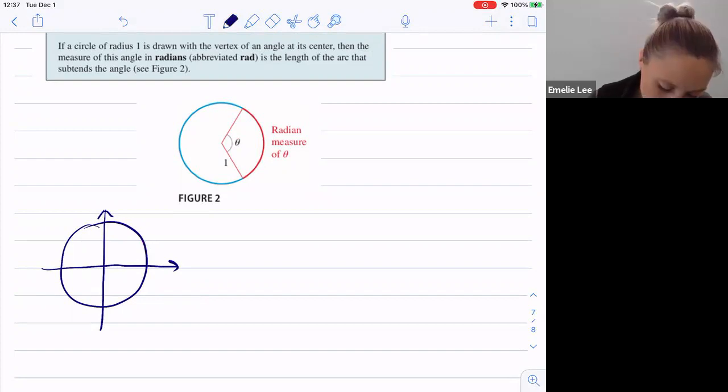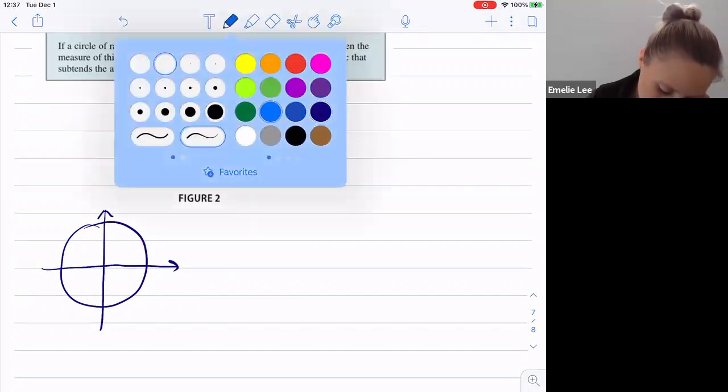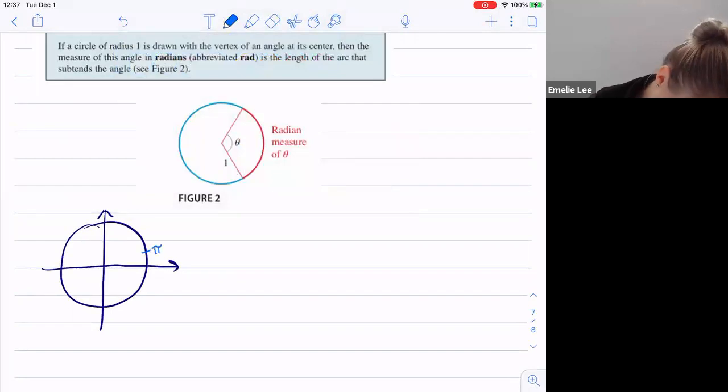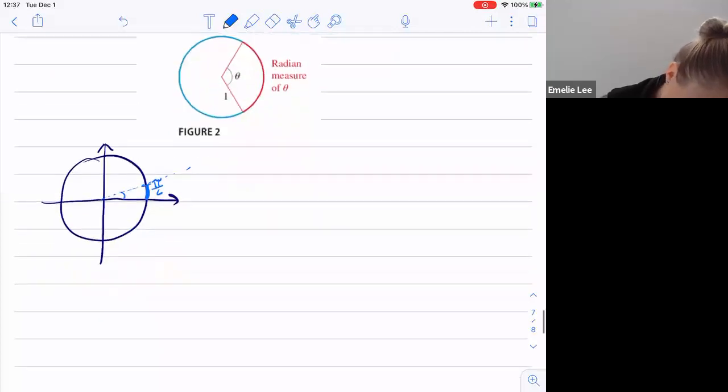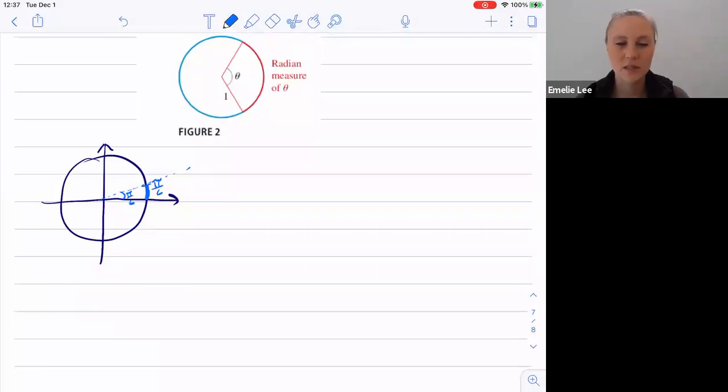So if you've got pi over 6, this is the distance here, but it's also going to be this angle, pi over 6. And that's how radians behave. The radians are the distance on the curve, or on this unit circle.